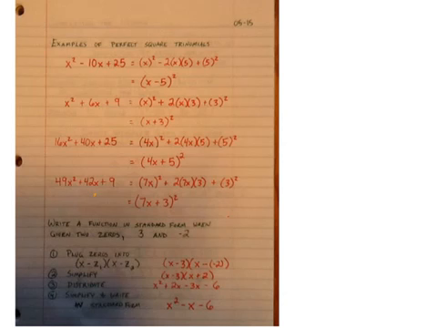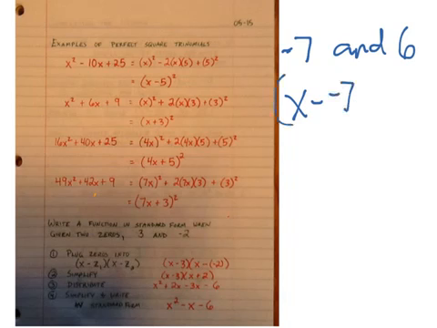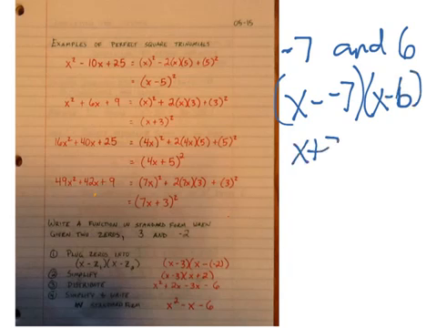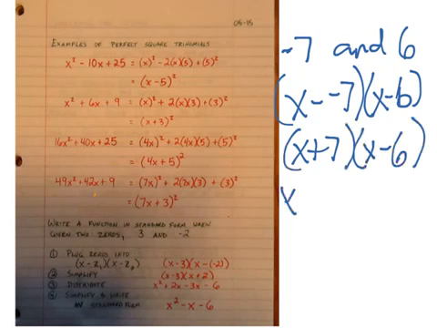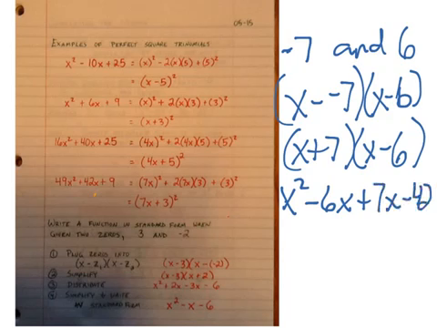So if I said write a function in standard form when you're given the zeros of negative 7 and 6, we would say x minus negative 7 times x minus 6, which gives us x plus 7 times x minus 6, which is x squared minus 6x plus 7x minus 42, or very simply x squared plus x minus 42.